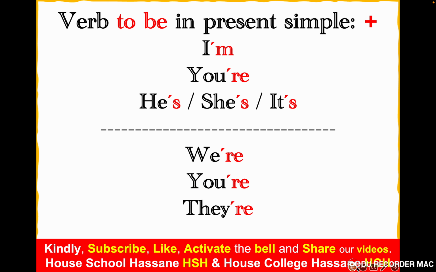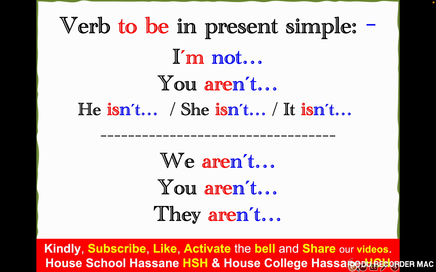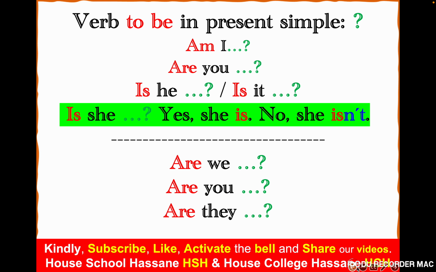Verb to be in present simple: I am, you're, he's, she's, it's, we're, you're, they're. Negative: I am not, you aren't, he isn't, she isn't, it isn't, we aren't, you aren't, they aren't. Question form: am I, are you, is he, is it.